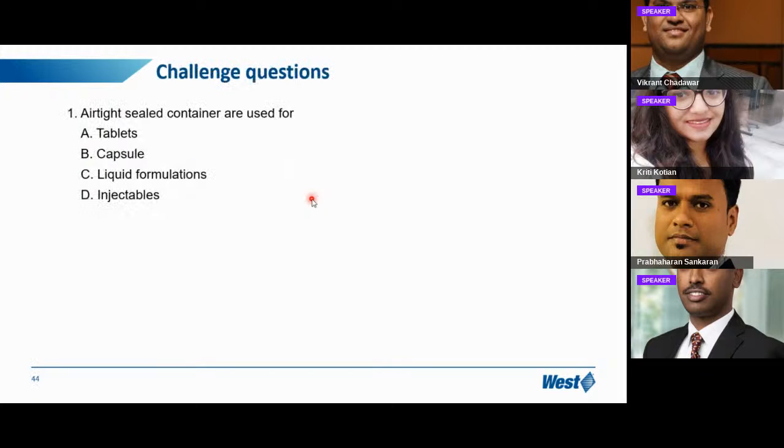The first challenge question is: airtight sealed containers are used for? I'll give 10 seconds. I request everyone to answer this challenge question.